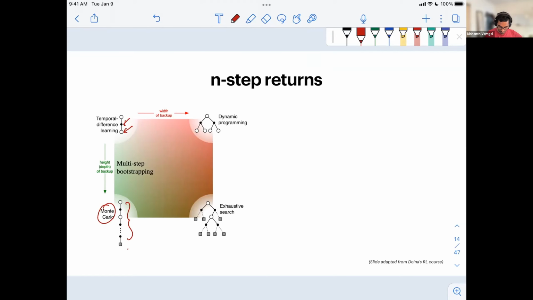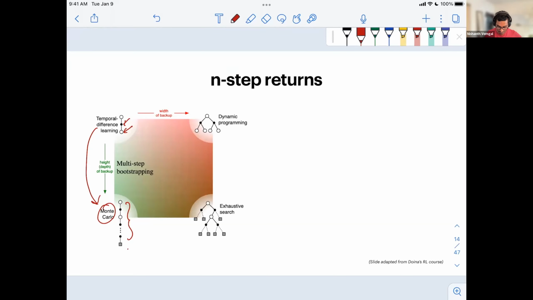In fact, you can go anywhere in between TD learning and Monte Carlo learning. By varying how deep you go, you control how many rewards you accumulate, and what value you use as a proxy for the rest of the approximations. This picture also relates TD learning to dynamic programming and exhaustive search.